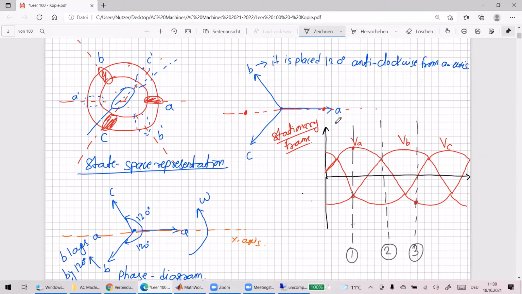So for the first point, our VA is positive, so we have VA here. Our VB is negative, so our VB will be somewhere here. And again, VC is negative, right? So VC will also be on the negative axis and it will be here.